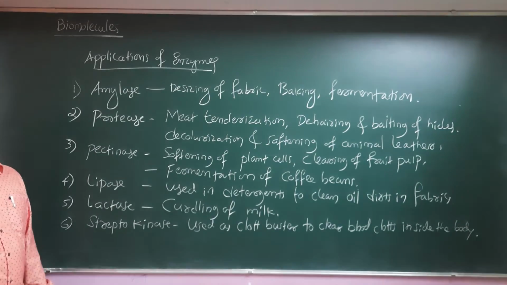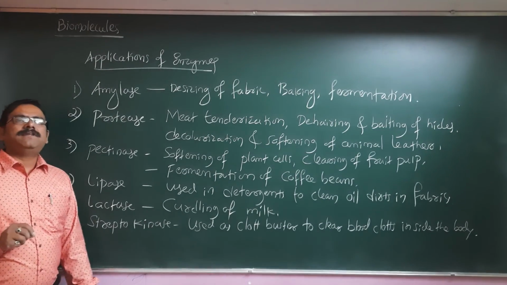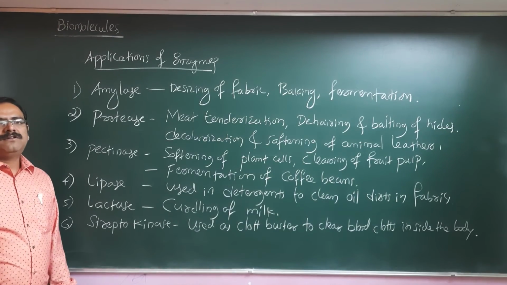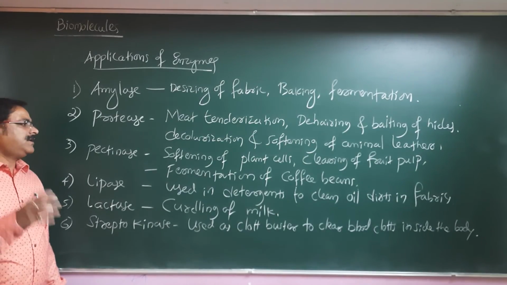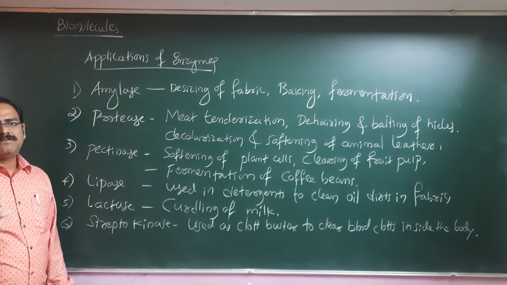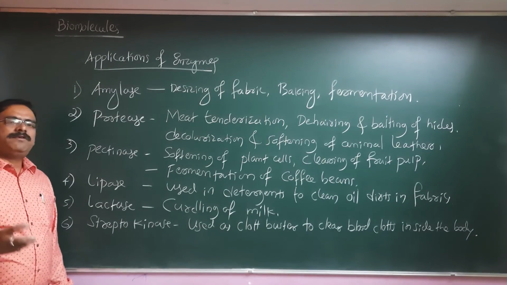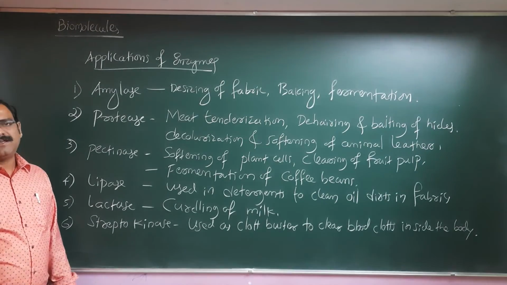Pectinase, yes. Pectin is one of the important components of the plant cell wall. The plant cell wall is made up of mainly what? Cellulose, hemicellulose, and pectin. When we crush or smash fruits, it may be an orange, we get the pulp. Even if we filter that pulp, we won't get a clear fluid.